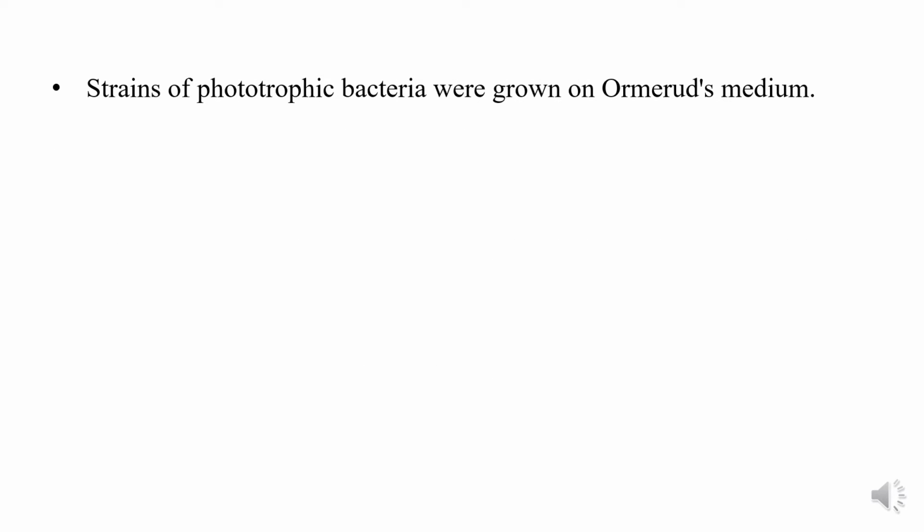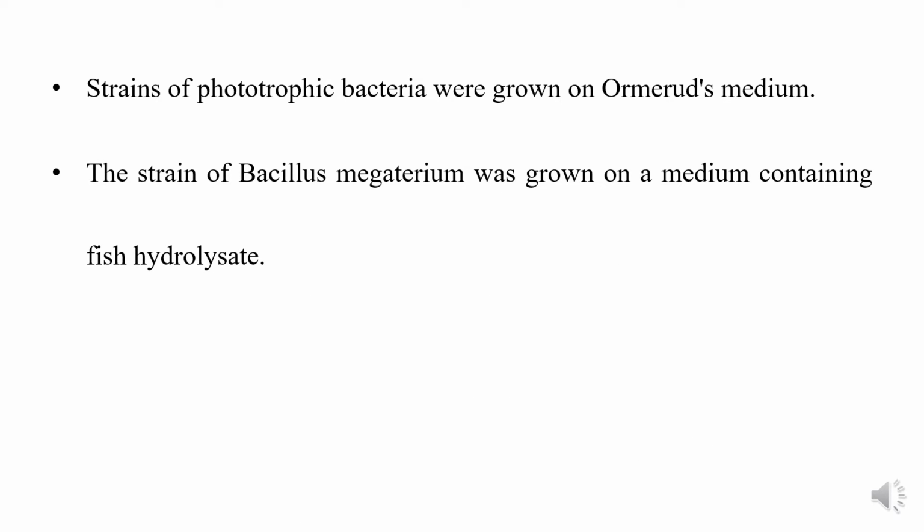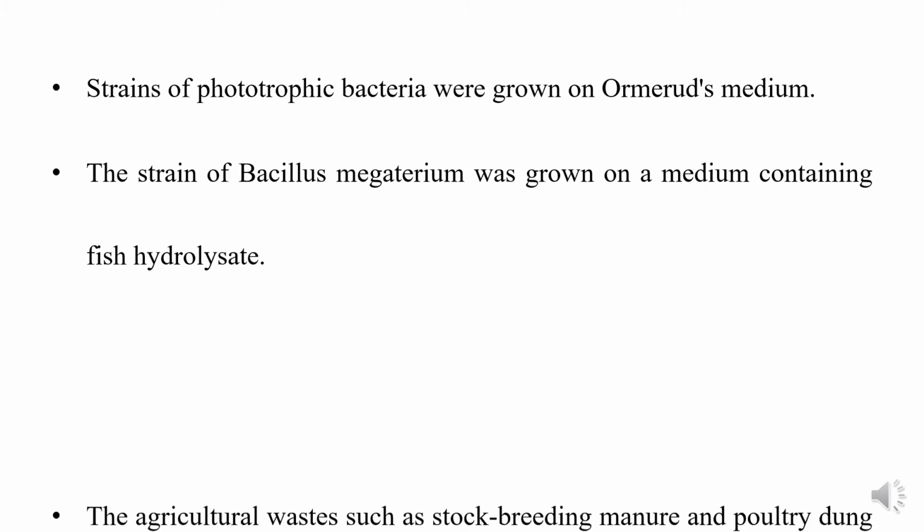These strains of phototrophic bacteria were first grown on Ormerod's medium, while the strain of Bacillus megaterium was grown on a medium which consists of fish hydrolysate.